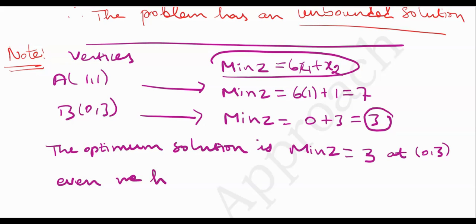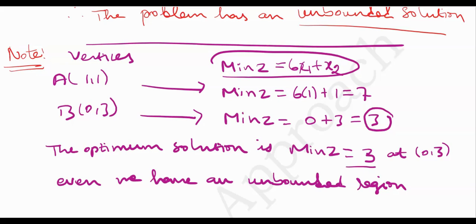So this 3 is the optimum solution when the objective function is minimize z.